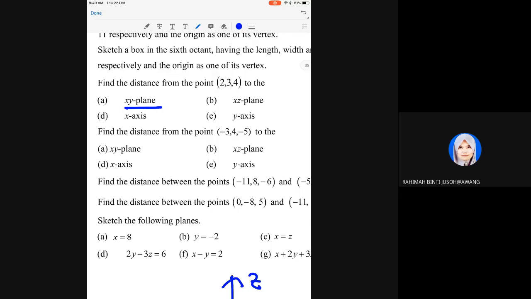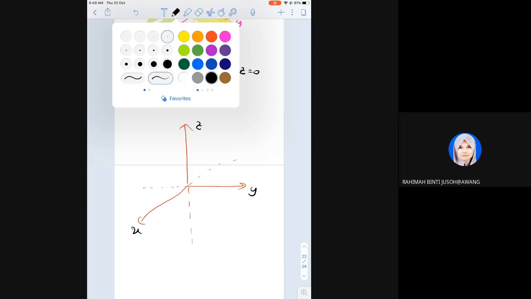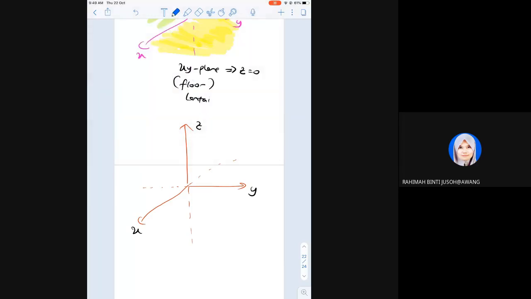Distance from the point 2, 3, 4 dengan XY plane. Saya nak buat titik 2, 3, 4 ni. 2 at the front, 3, 4 naik atas. So sini. This is the coordinate of 2, 3, 4.